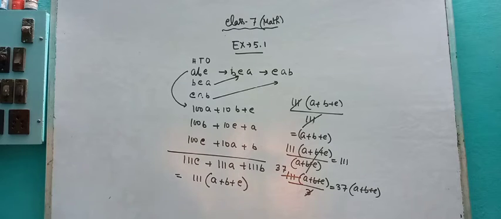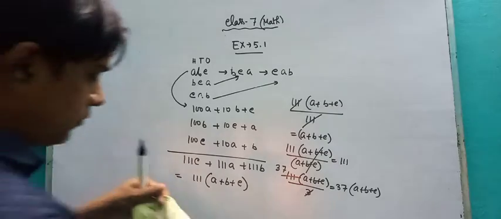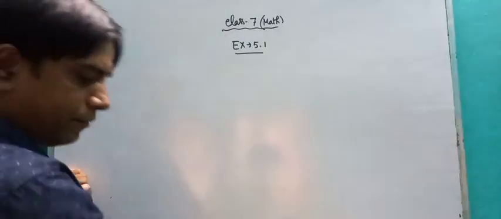So in this way you can easily solve the problem from there. Just keep in mind, this is easy, there is no complicated part, nothing, this is very simple. Okay.